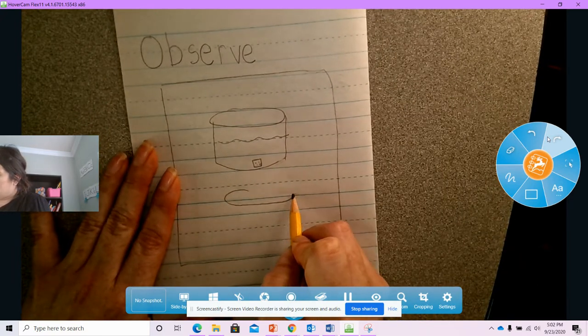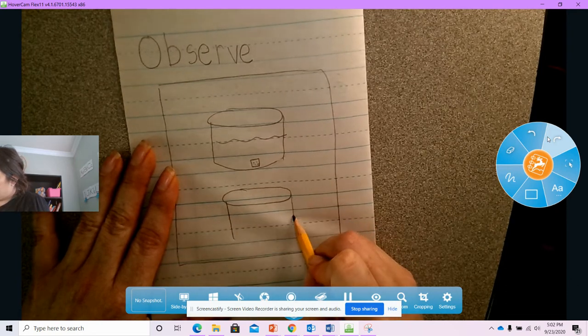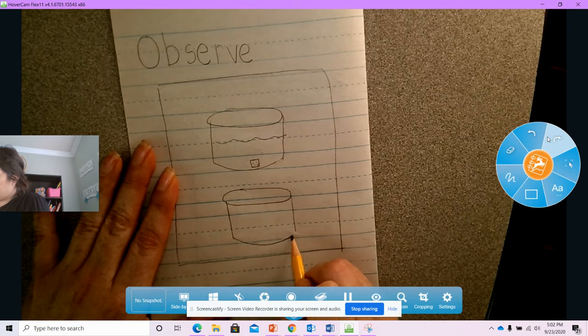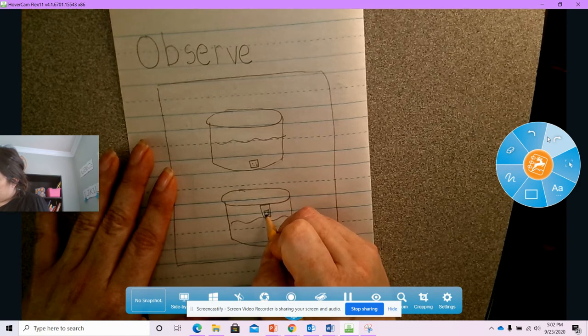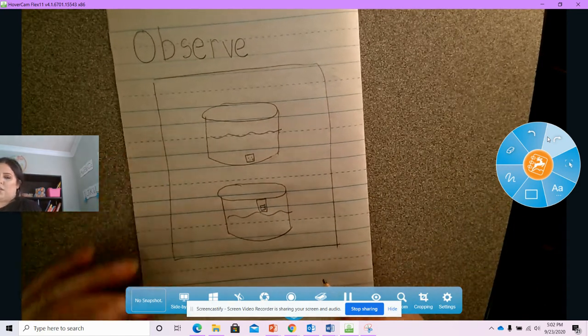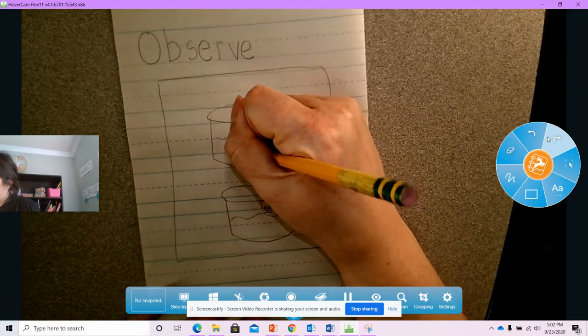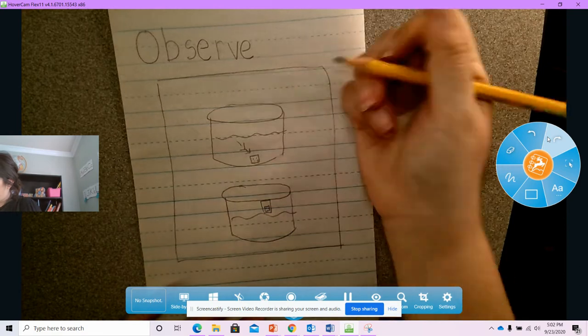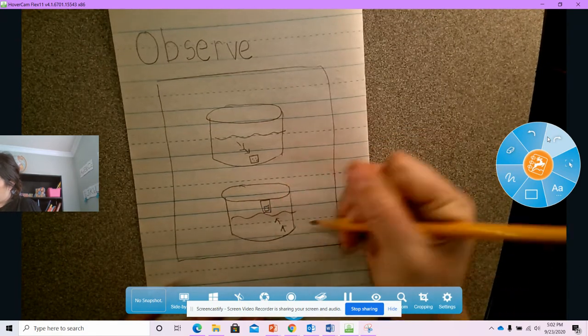But then when I did it the other way, this is my big container of water. When I put the dice in the little cup, it floated. It was floating on the water. So the dice went down, down, down. And in the cup, it went up, up, up.